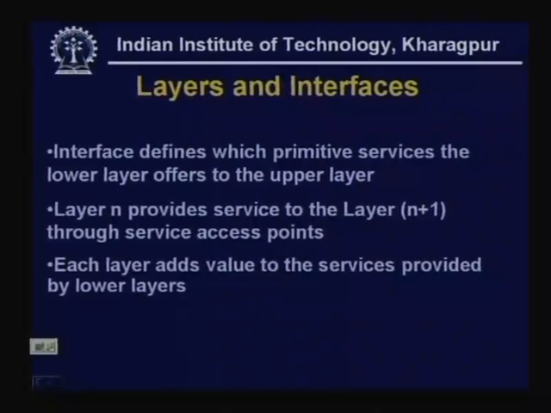Each layer will have a number of service access points. Through these service access points, layer n will provide services to layer n plus 1. And each layer will add value to the services provided by lower layers. That means the services provided by layer n will be used by layer n plus 1 to add value.